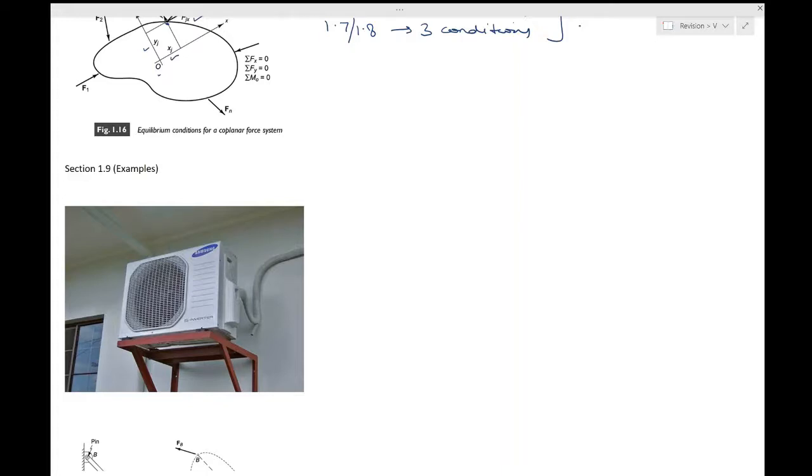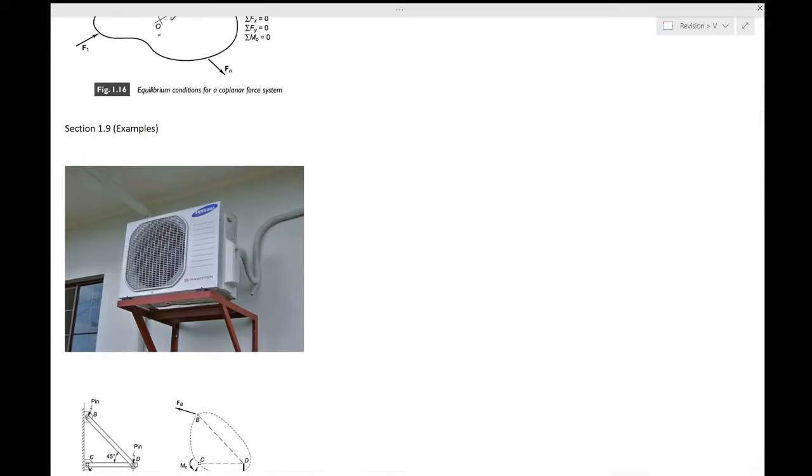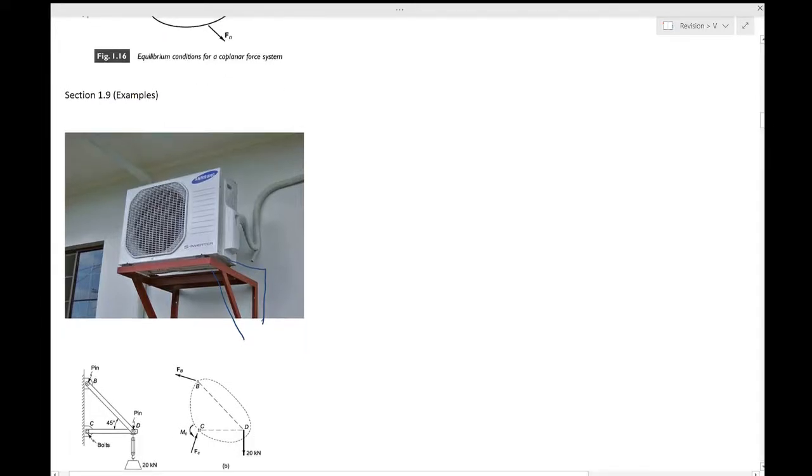It's an external unit of a split AC, and it is standing on something called a triangular stand, because of this shape which you have. There are many other situations where such stands exist, and we are taking up a problem which is somewhat inspired by this.